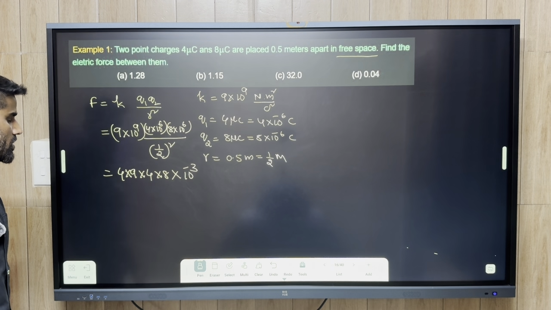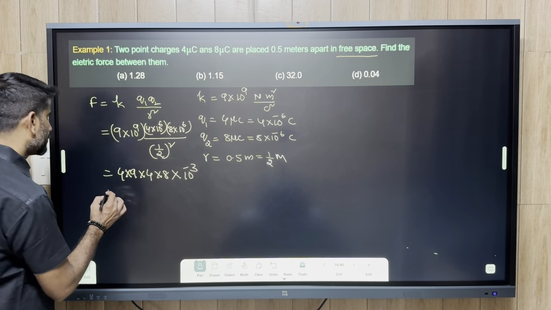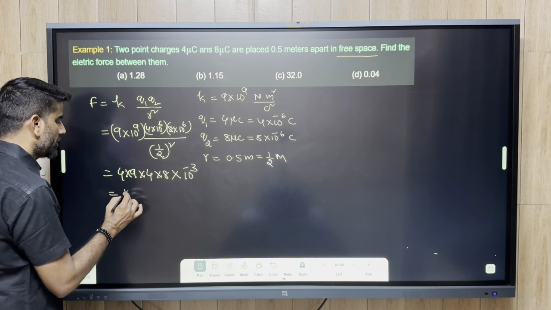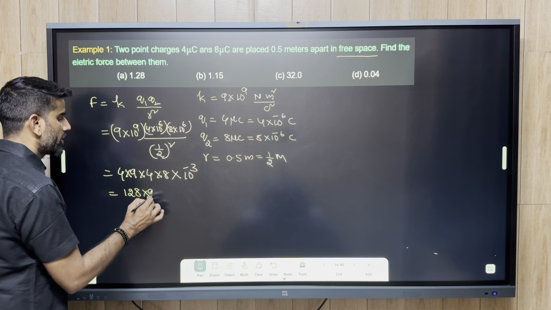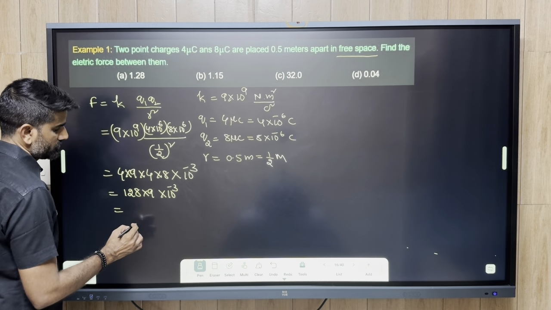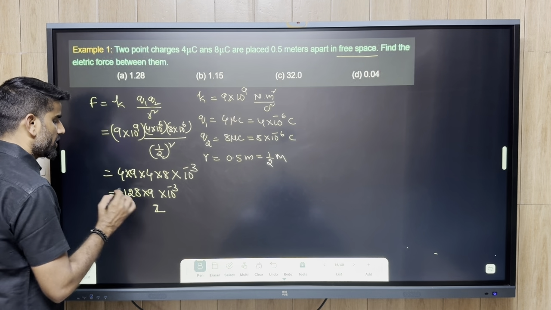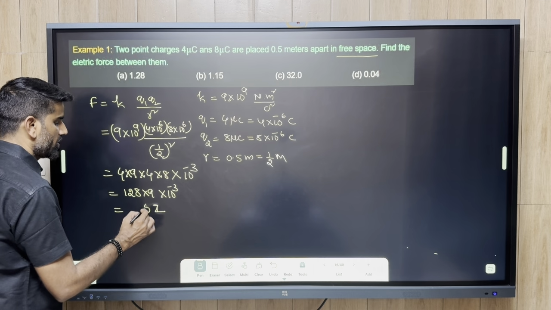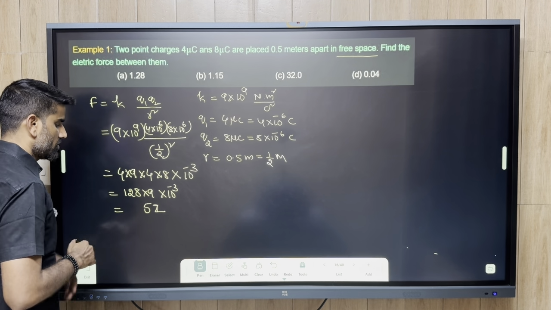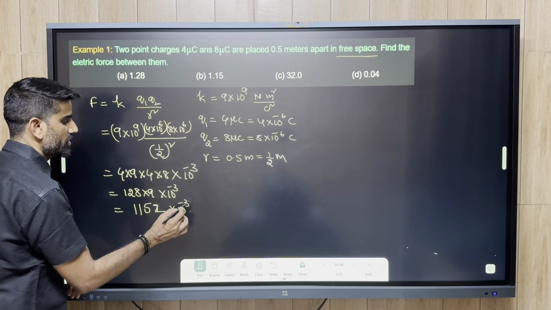Now 4 8s are 32, 32 fours are 128, into 9 into 10 to the minus 3. Then 9 8s are 72, and carrying over, we get 1152 times 10 to the minus 3.